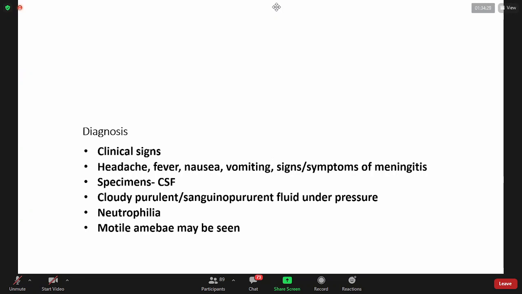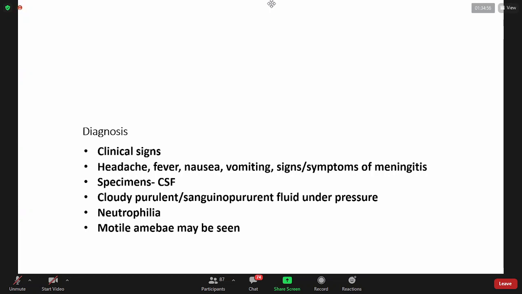Diagnosis depends on the clinical signs. Usually, the disease is a central nervous system disease characterized by headache, fever, nausea, vomiting, and signs and symptoms of meningitis such as a stiff neck and so on.